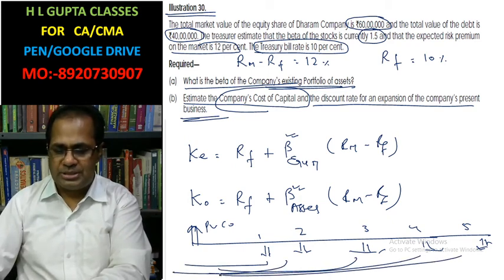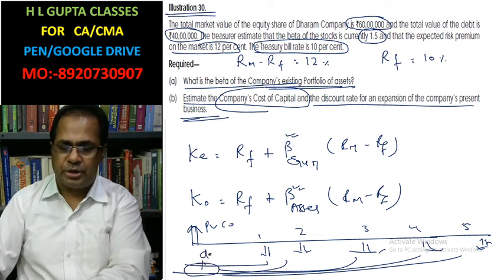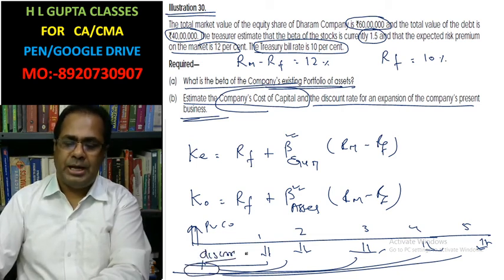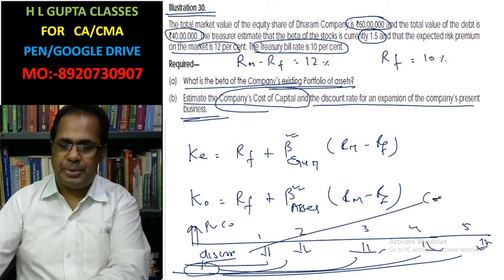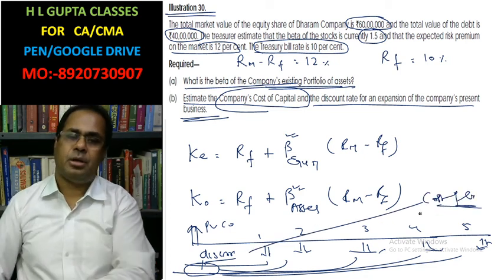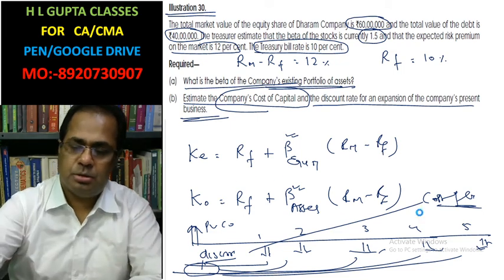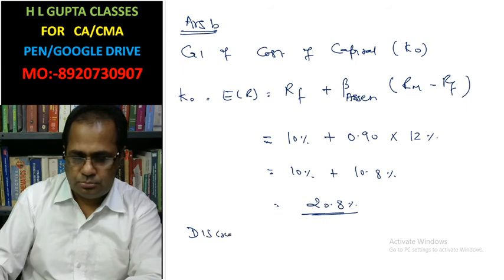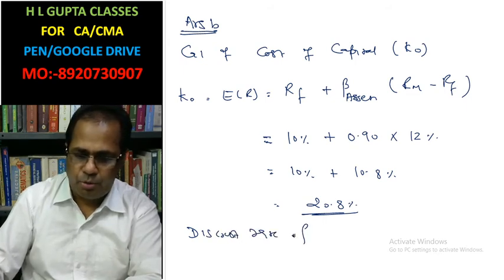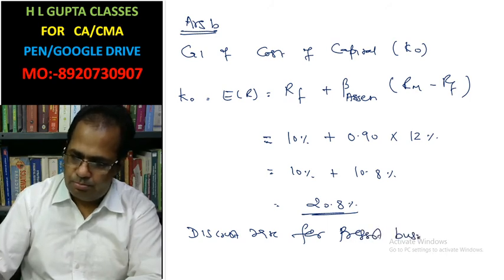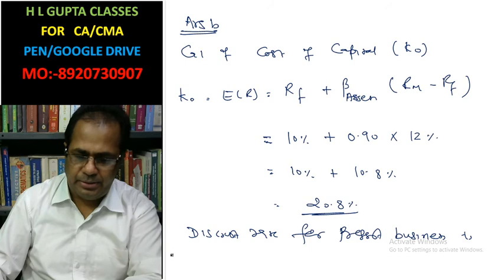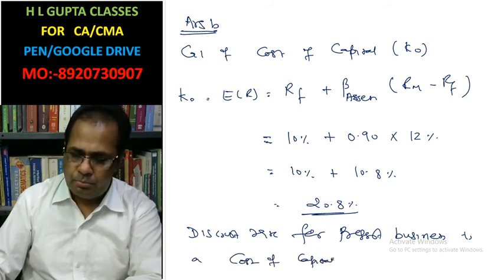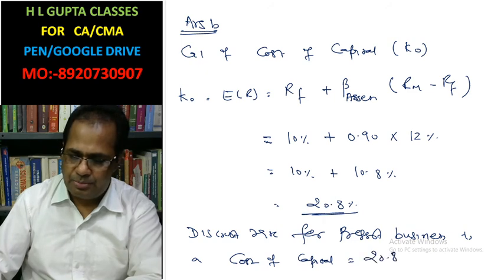To calculate present value, you need a discount rate, and that discount rate is the cost of capital. The discount rate for the present business is the cost of capital, that is 20.8%.